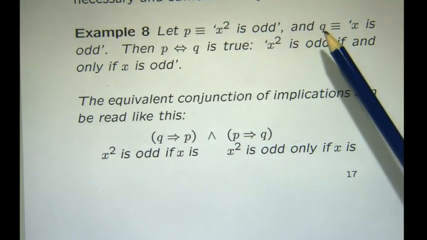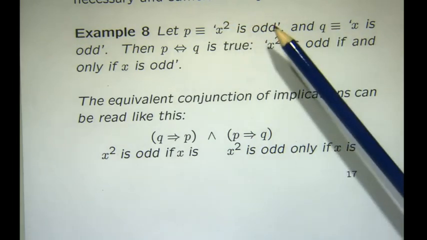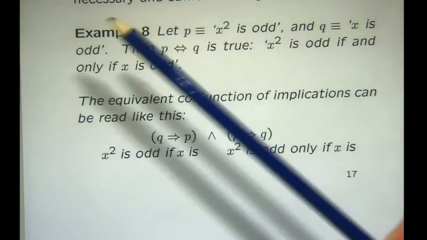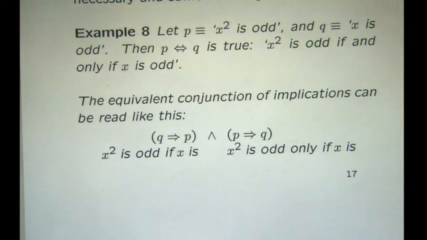And there's another logical assertion Q, which says x itself is odd. Well, with a bit of thought, you will, I hope, agree with me that if x is odd, then x times x will be odd. And for that matter, if I know x times x is odd, x must be odd. So it works both ways round.